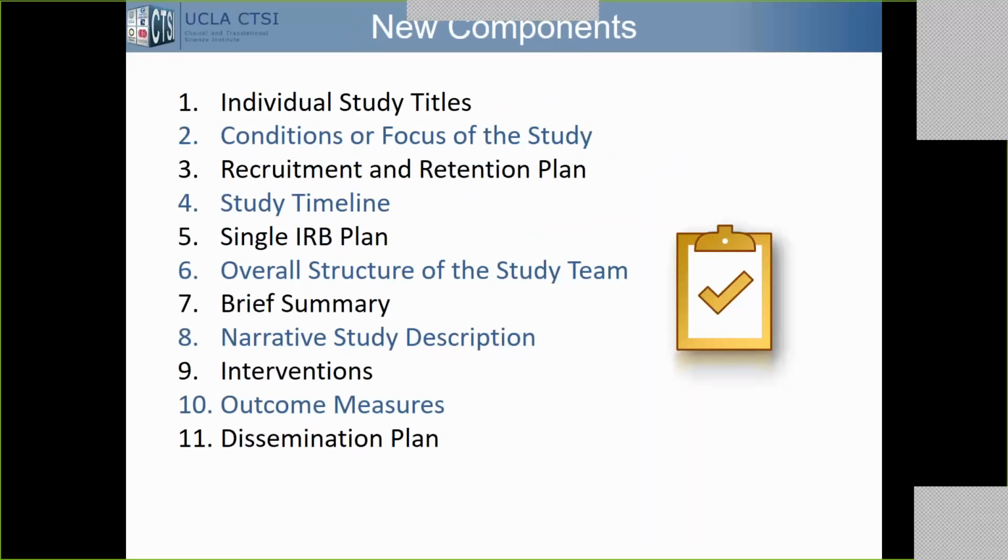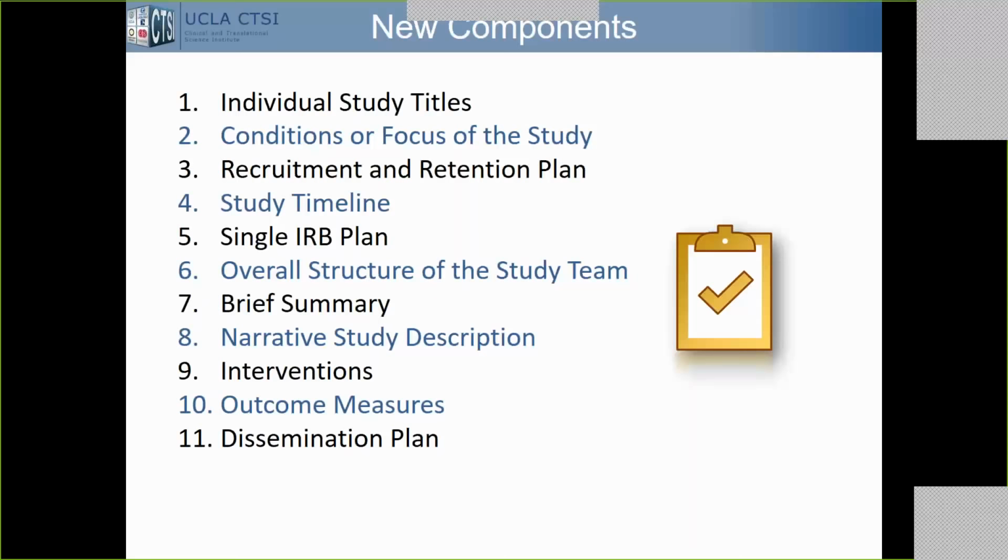So for the new components, whether you have a clinical trial or not will sort of determine which of these components you'll have to fill out, but if you have human subjects that are involved in your study, there's a number of new components you have to contend with. So within your application, you have to give individual study titles to each of your studies. And the reminder about that is within your application, you may have more than one study.